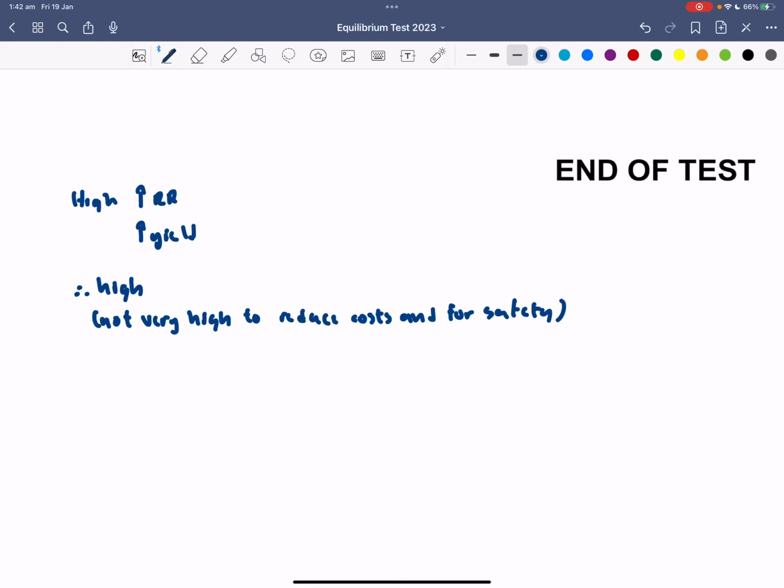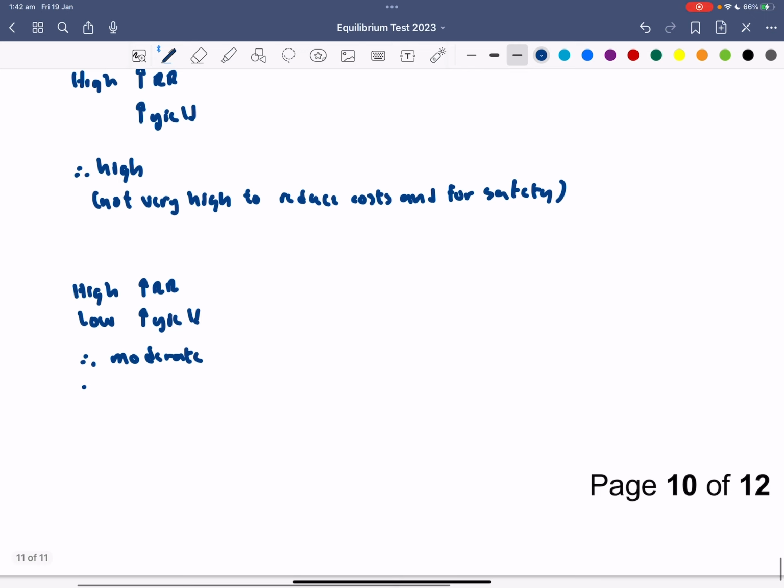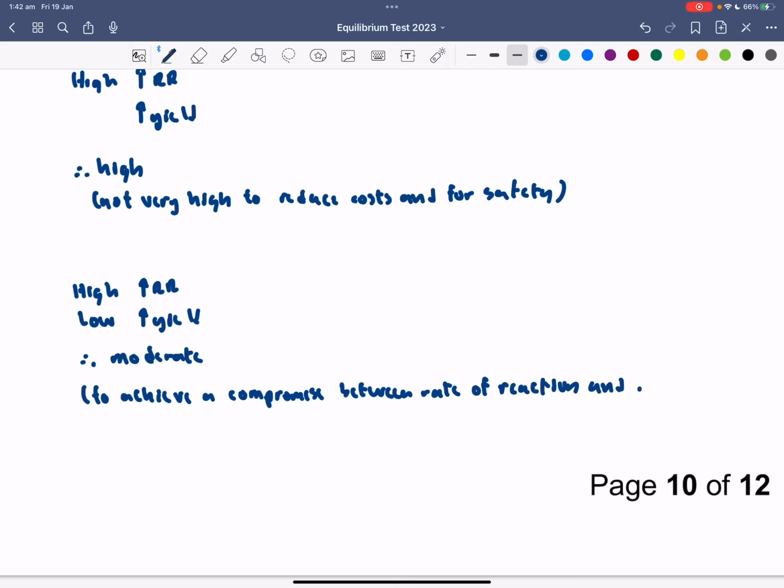Okay, that's one thing. And the second thing is, let's say high is good for high reaction rate, but low is good for high yield. Therefore, I will always use moderate. And the reason for the moderate is to achieve a compromise between rate of reaction and product yield.